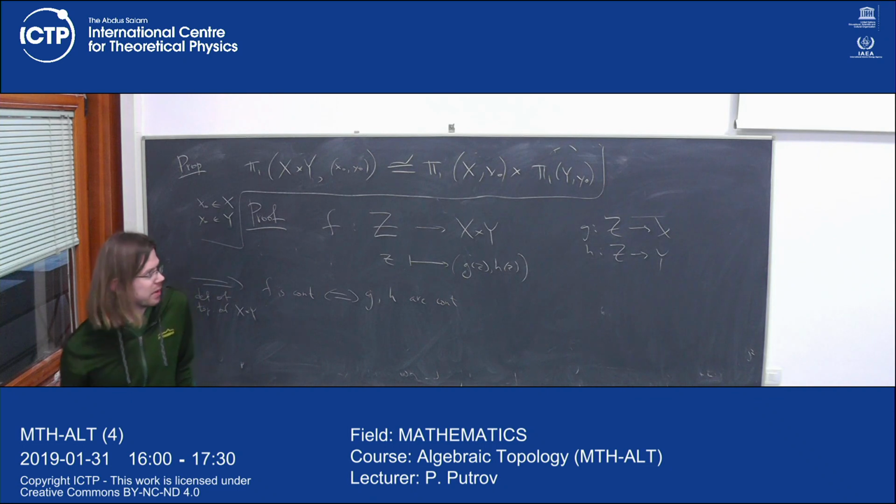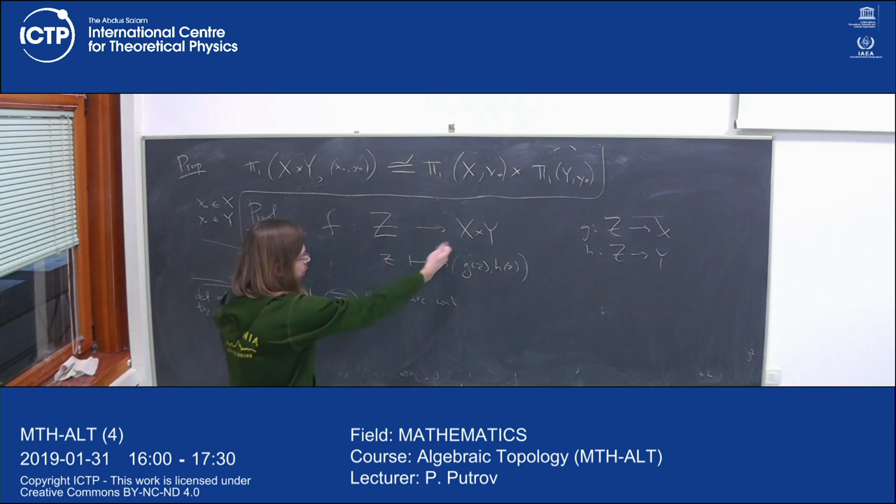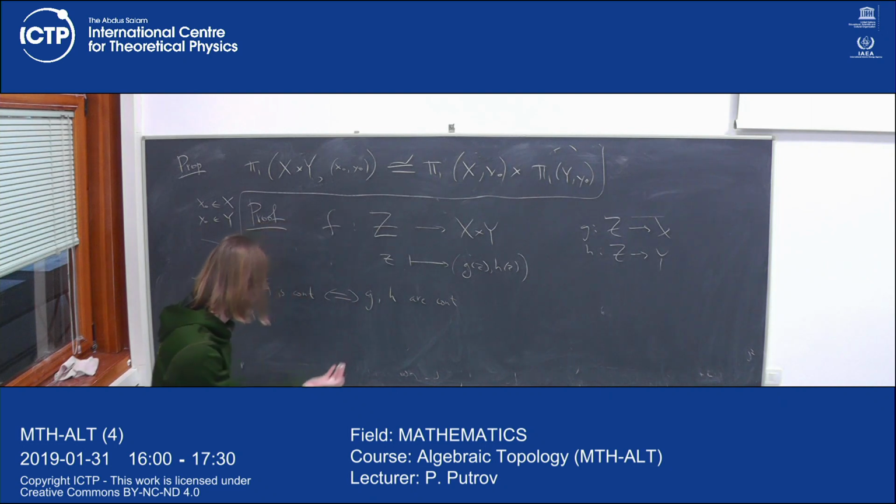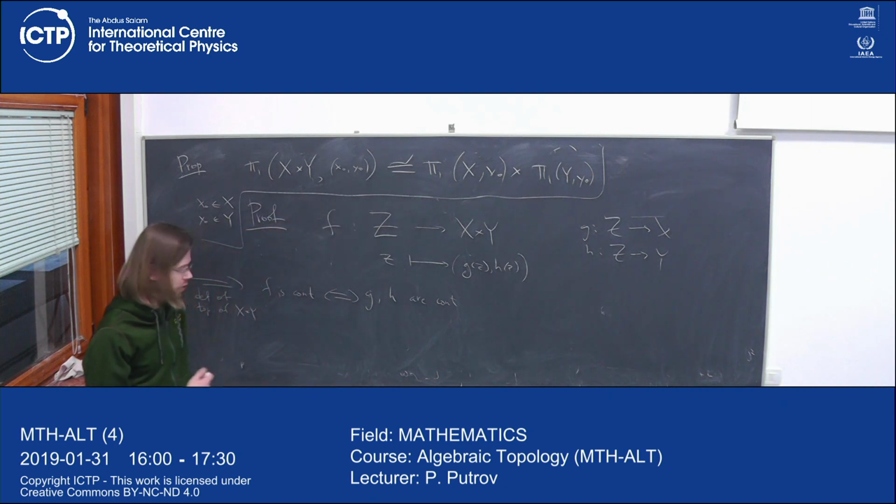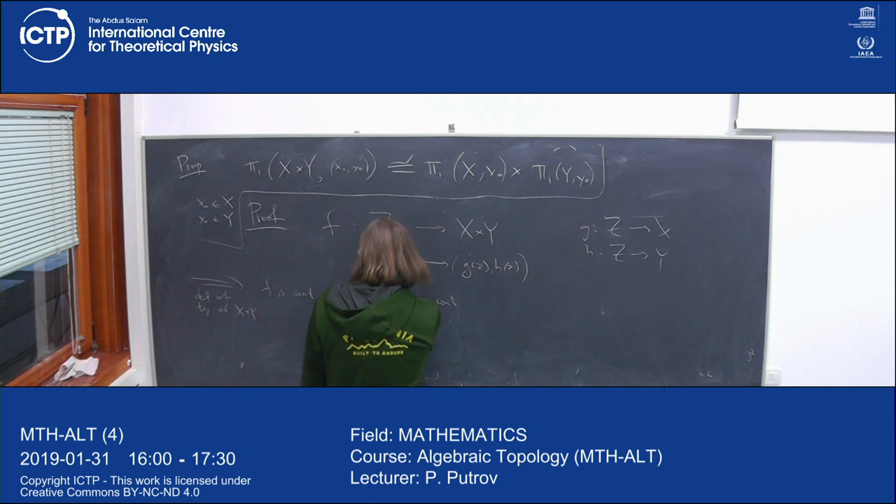This is easy to see directly from the definition of the topology here, which is generated by products of open sets, and the fact that a continuous function is one such that the preimage of an open set is an open set. So let me not go into detail here. Okay, so this is a general fact which we want to use.